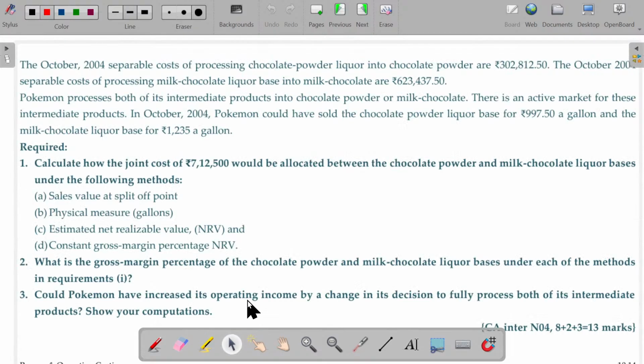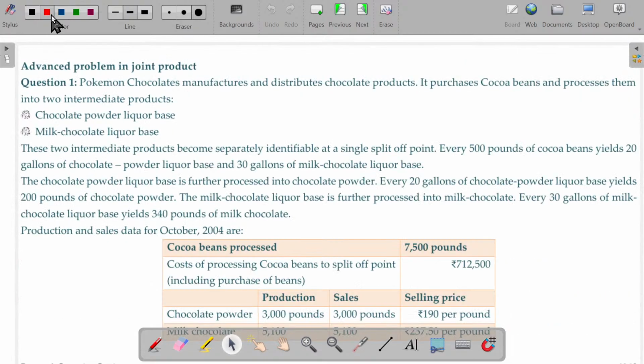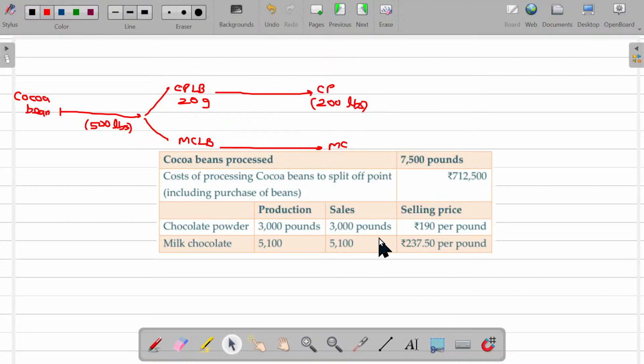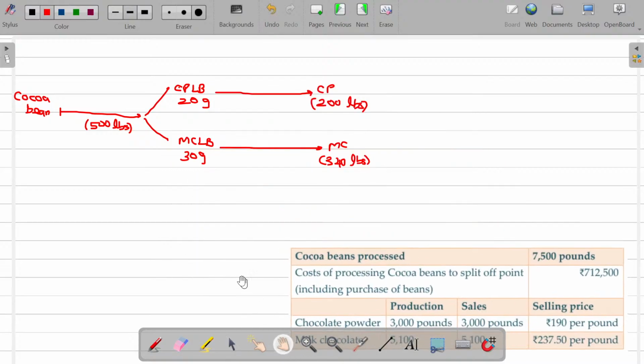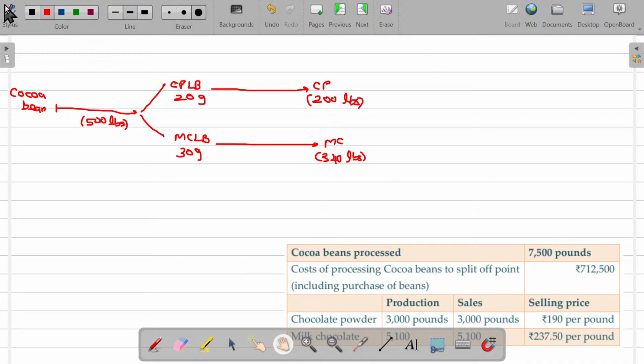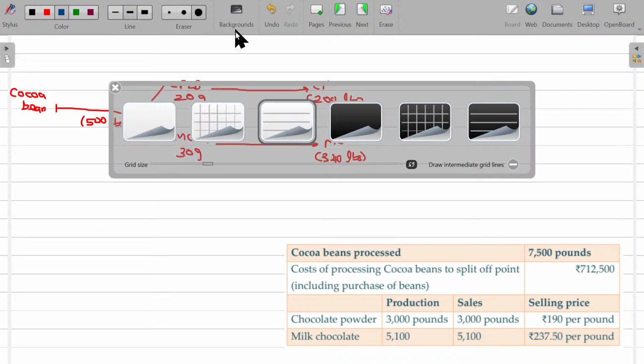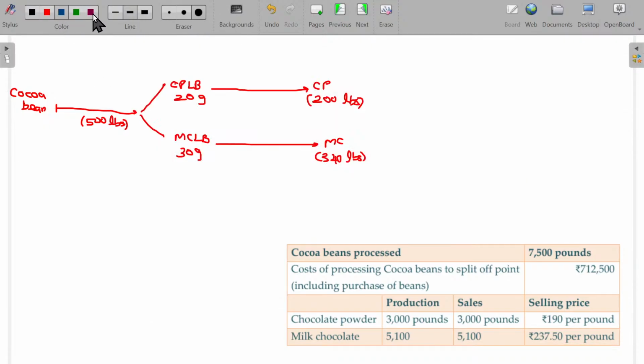So what about the information given in the very first case? Production and sales data are given here. So this is the actual production and sales data, I may incorporate that here. Cocoa beans processed 7,500 pounds.